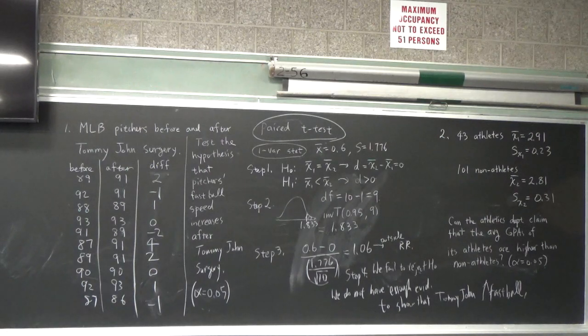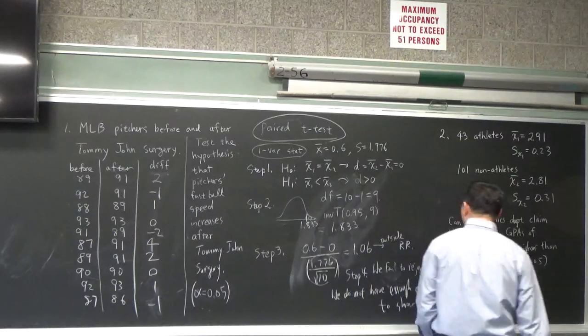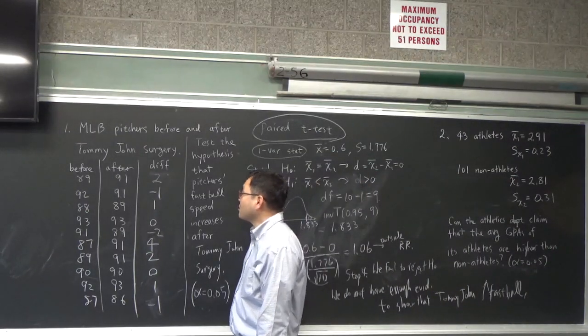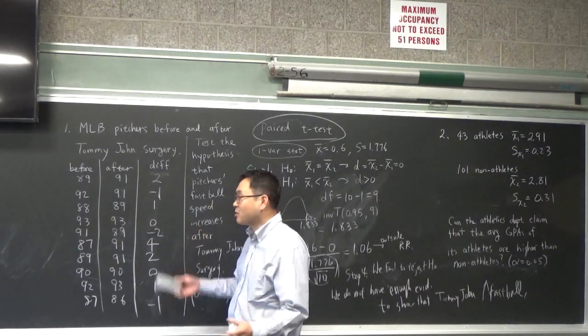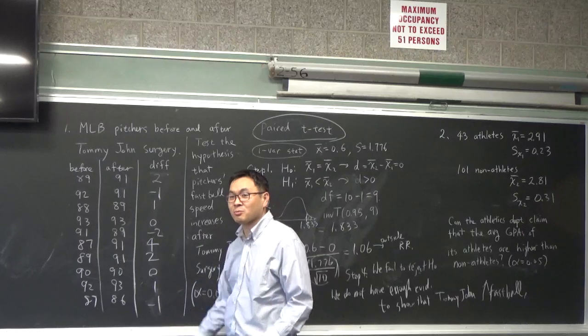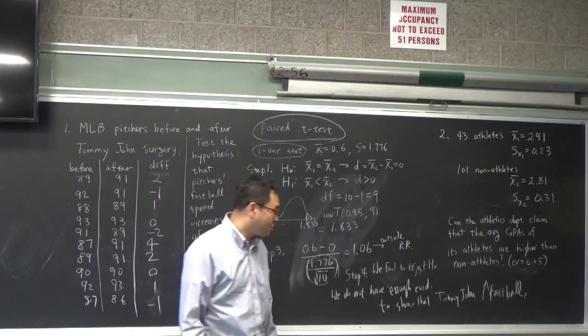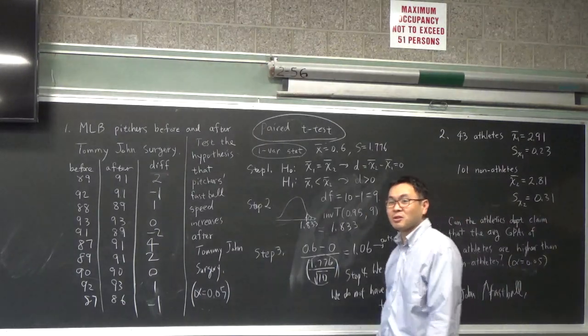Now, what if the people who researched this topic really believed this, and then they just looked at some more historical figures? This was just from last season, but maybe they wanted to find out something like 300 pitchers, okay?